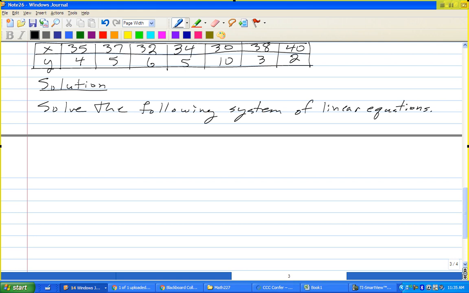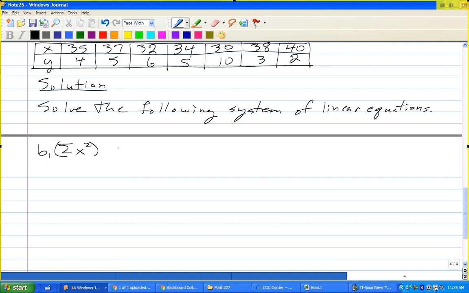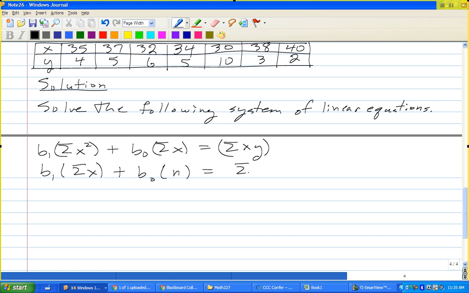So it's going to be b1 sum x squared plus b0 sum x equals sum xy. So I'm going to have to figure out the sum of x squared, the sum of x, the sum of xy. Then b1 sum of x plus b0n is equal to the sum of y. So I also have to figure out the sum of y.